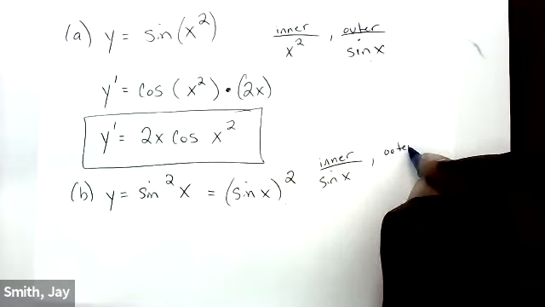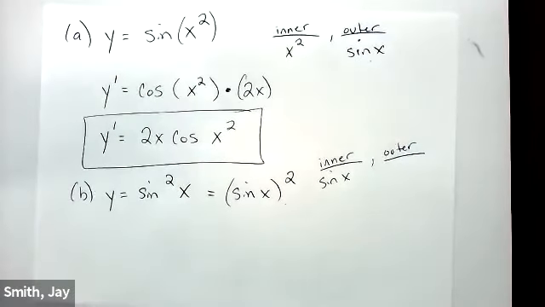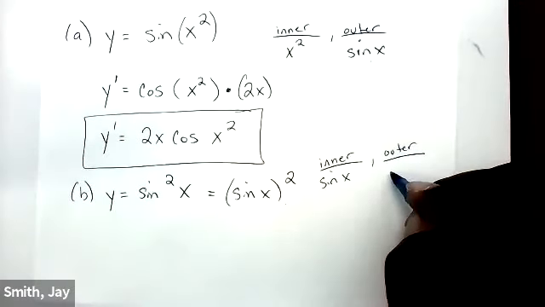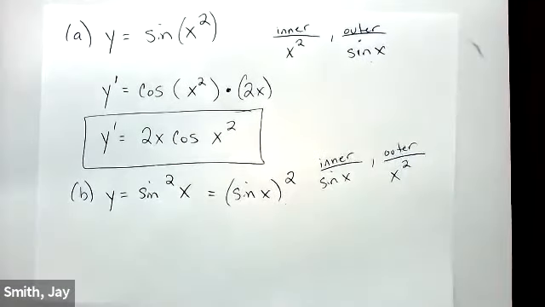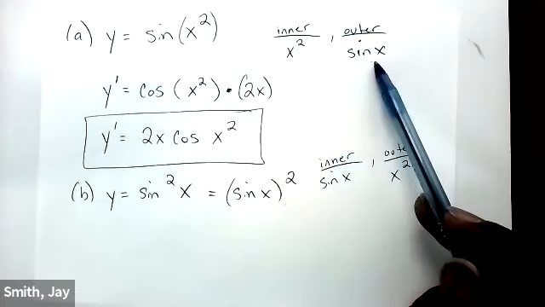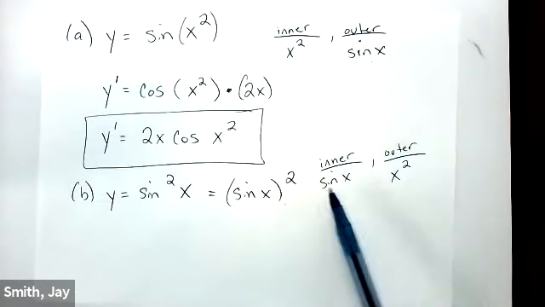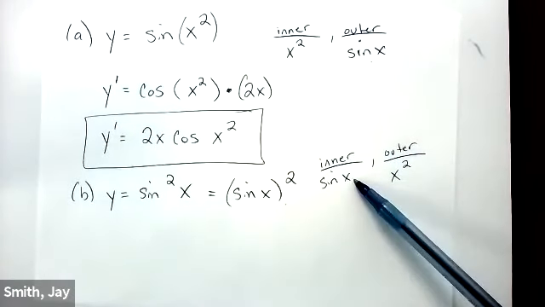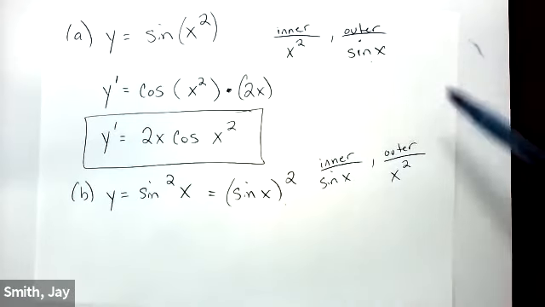But my outer function, replacing the parentheses with x and observing what's on the outside of the parentheses, would be x squared. So it's very similar with the fact that we're dealing with x squared and sine x, but they're the exact opposites, which is going to affect my answer greatly. Here, my inner function x squared, here my inner function sine x, and vice versa.